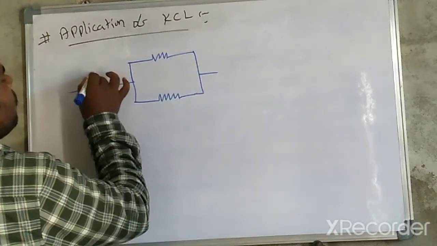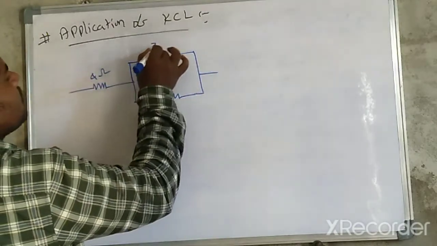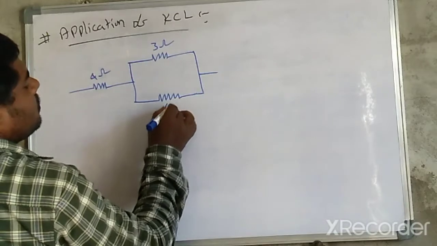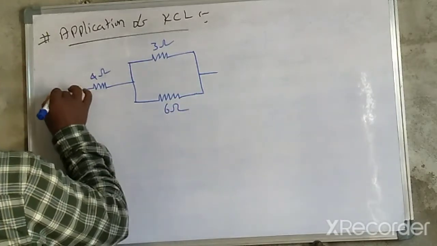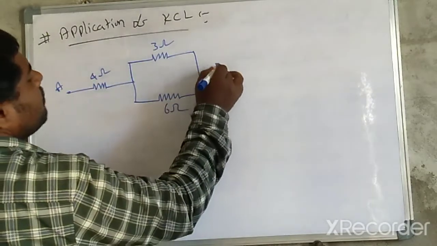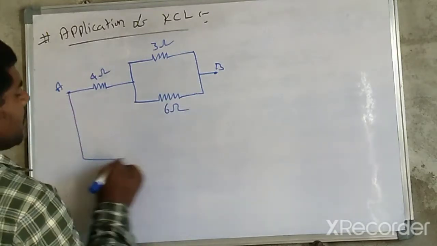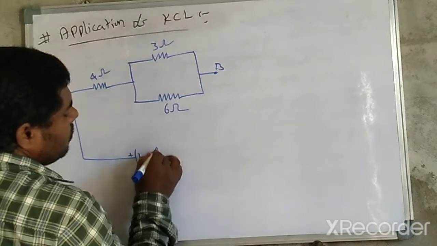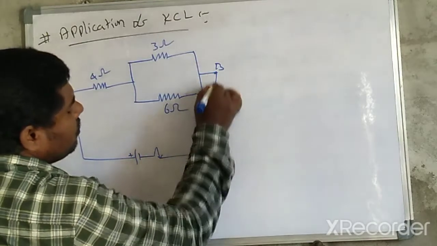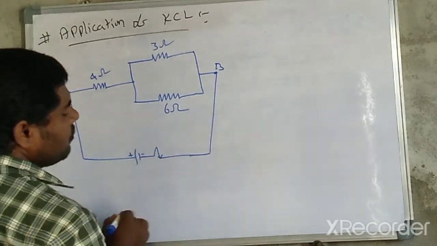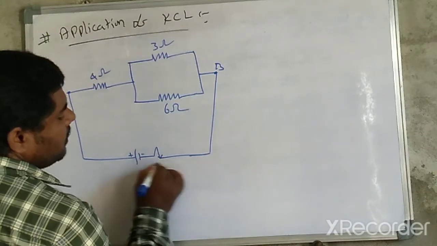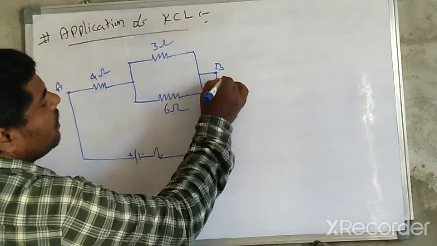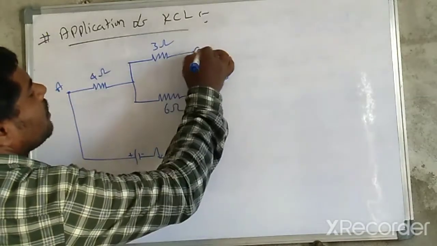This is a 4 ohm resistor, this is a 3 ohm resistor, this is a 6 ohm resistor. This point is A, this point is B. A is connected to the battery's positive terminal, and B is connected through a switch to the negative. The negative side is the zero potential, here also zero.